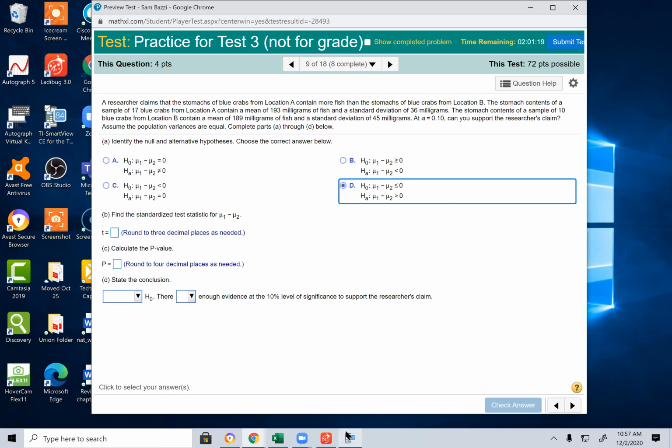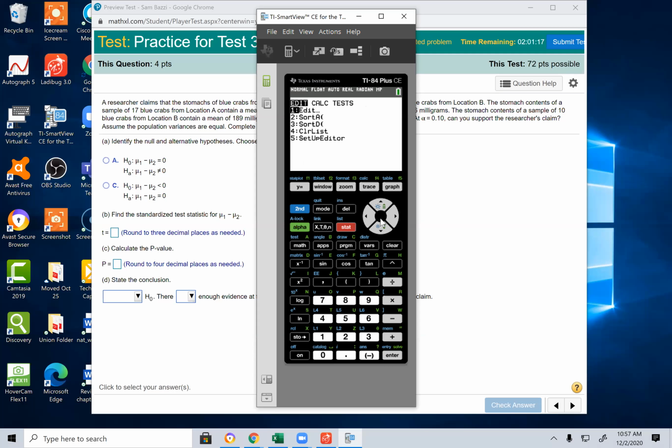All right. Stat. X1 bar, guys, is 193. S1 is 36. And N1 is 17. X2 bar is 189.